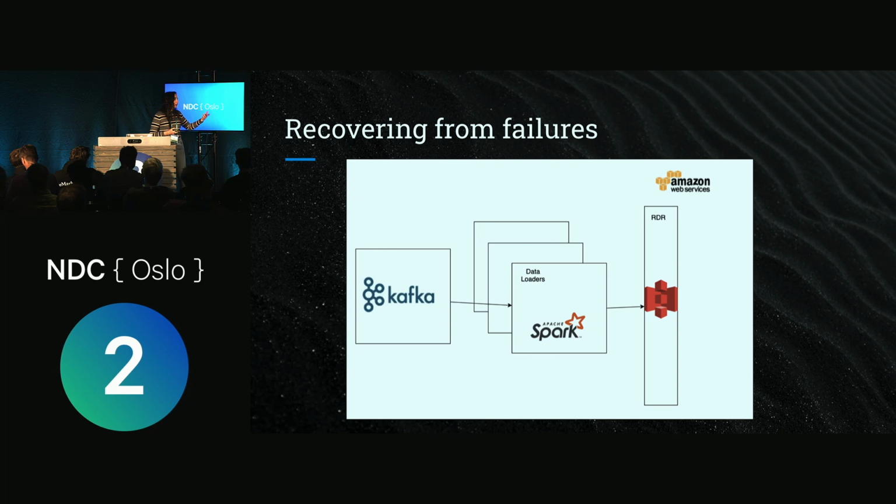And if Kafka brokers crash, or the entire Kafka cluster is not available anymore, or our data loaders are crashing, we just start them up again. Data is flowing in again, so problem solved.